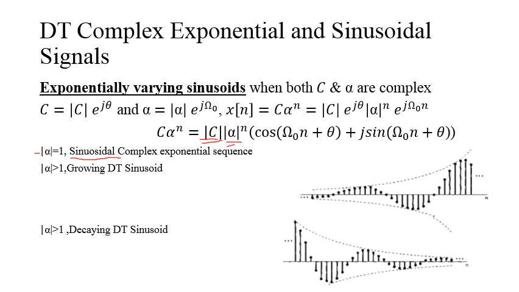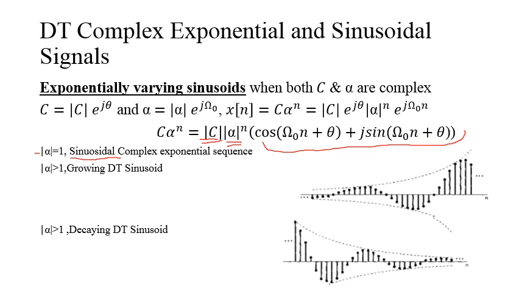If this is 1, in that case we have just the sinusoids, right? Because of cosine, provided that the relationship holds for the period, that is, for the given omega naught we get a rational value of N, which is the period, then this is a periodic signal, and that's also a periodic signal. So if alpha equals 1, we have periodic sinusoidal complex exponential sequences.